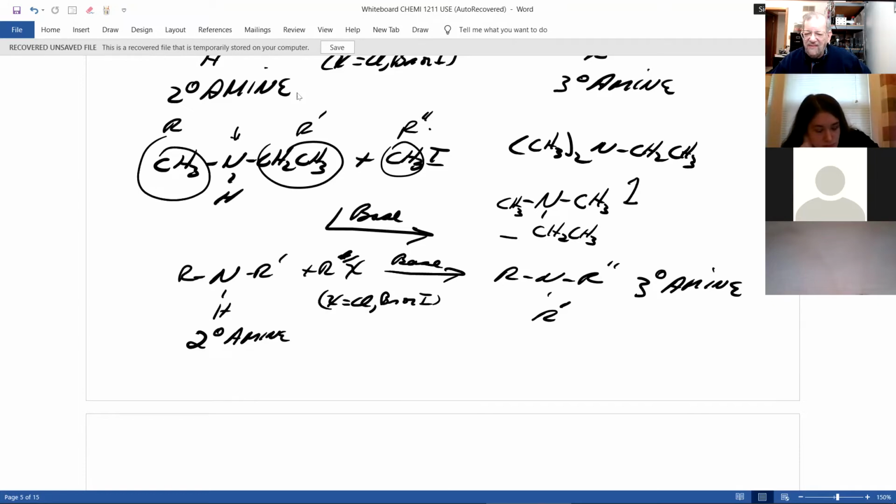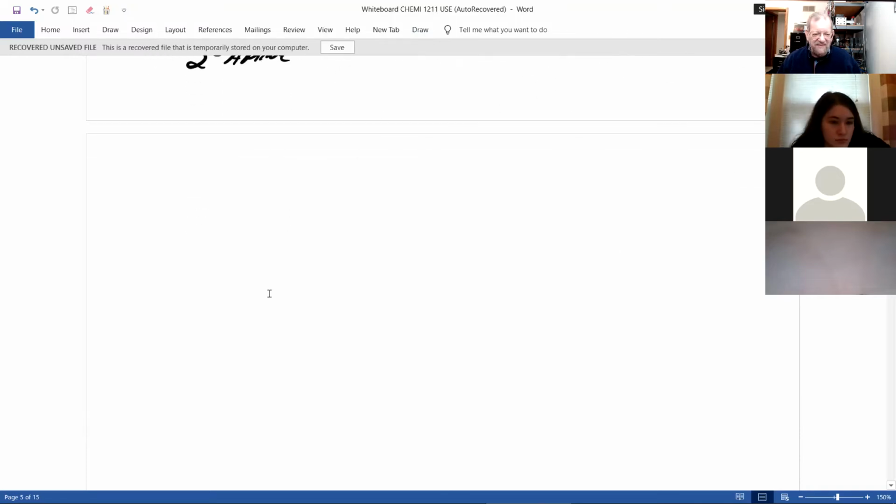And these two compounds are the same. It's just different ways of drawing it. This tells me inside the bracket, whatever is there are two of them on that nitrogen, in this case, methyl groups. So you made dimethyl ethylamine, and that's how you do it. Let's have some real fun.